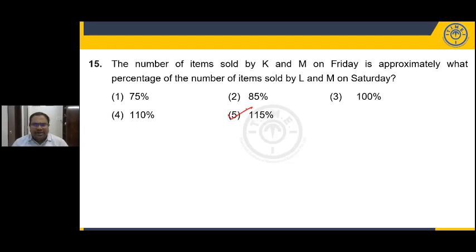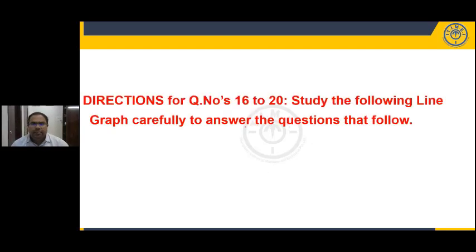This is for you to practice. 15th question. Right. Any questions? Right. Then next set for you.